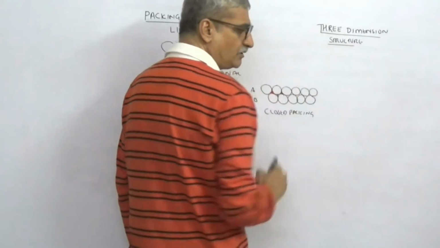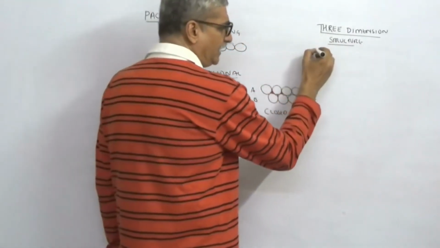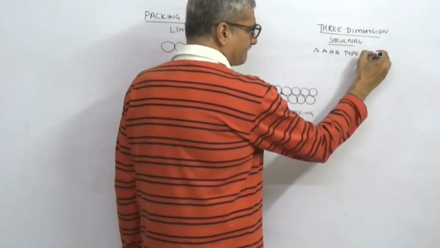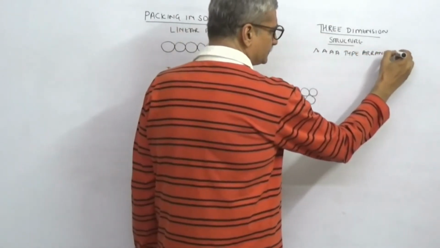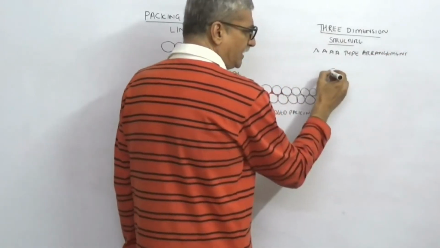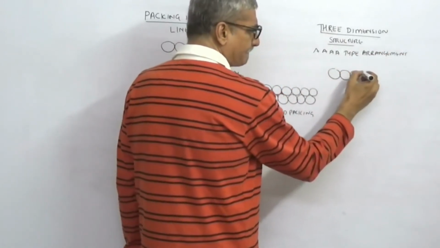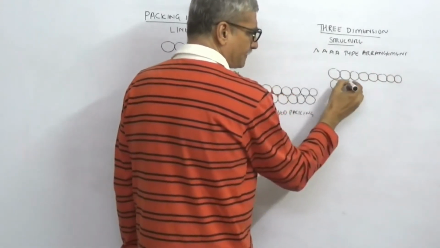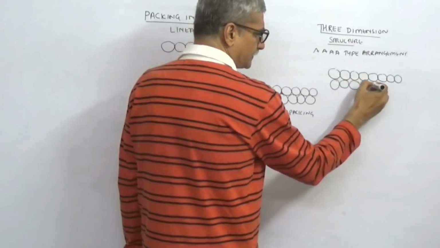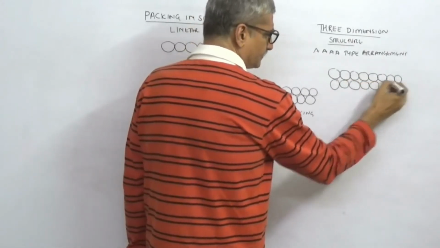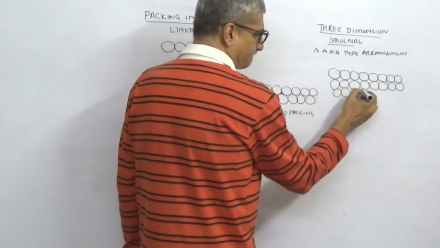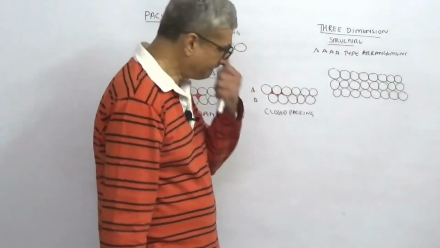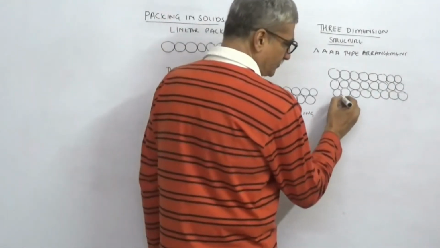One is you simply have an A type arrangement. In an A type arrangement, what happens? I'll tell one more so that it becomes clearer.